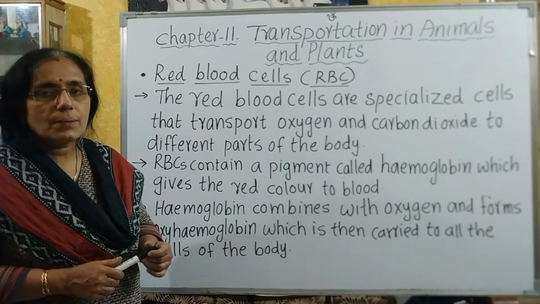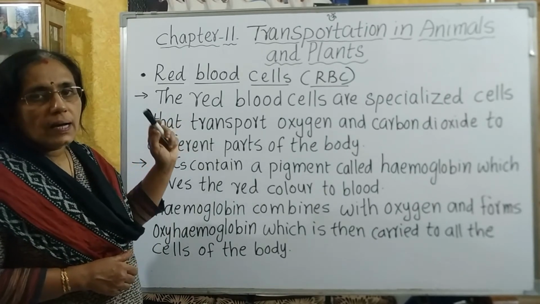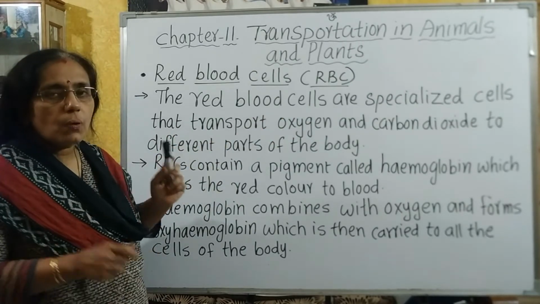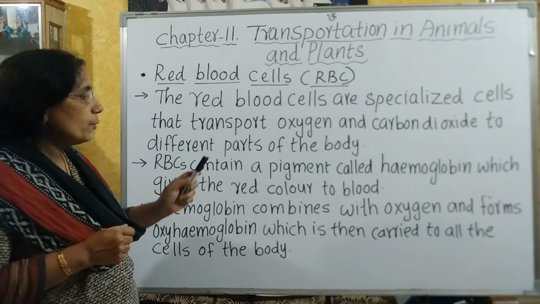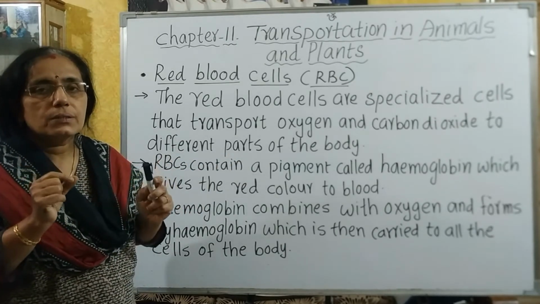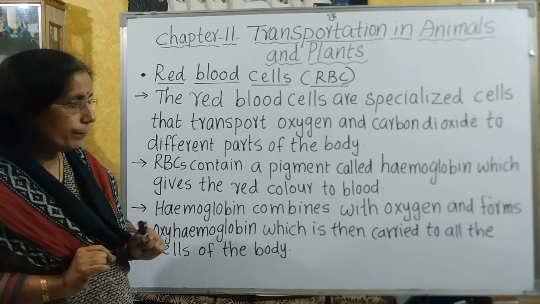Now, let us discuss about the red blood cells. The red blood cells or RBCs are the specialized cells that transport oxygen and carbon dioxide to different parts of the body. So, their main function is to carry oxygen and carbon dioxide to different parts of the body.